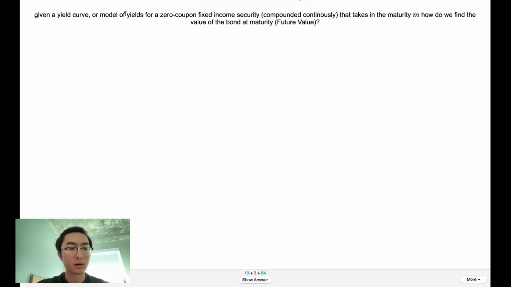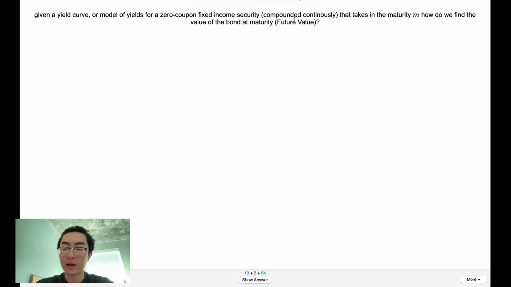Given a yield curve or model of yields for a zero coupon fixed income compounded continuously that takes in the maturity M, how do we find the value of the bond at maturity? We can find it if we're given the price today and we multiply by the continuously compounded interest that we receive.